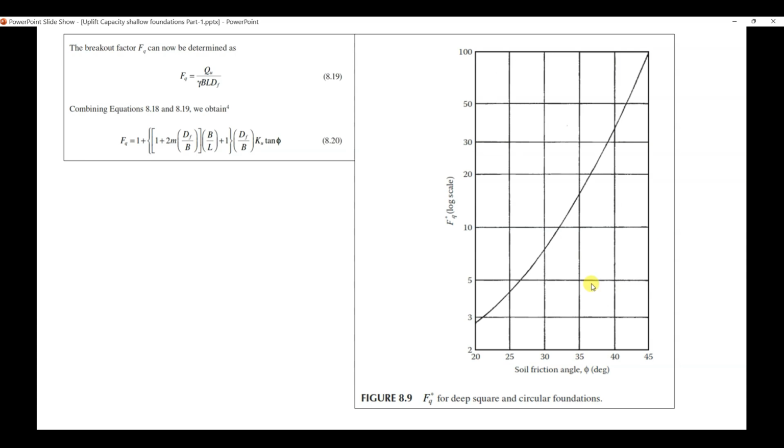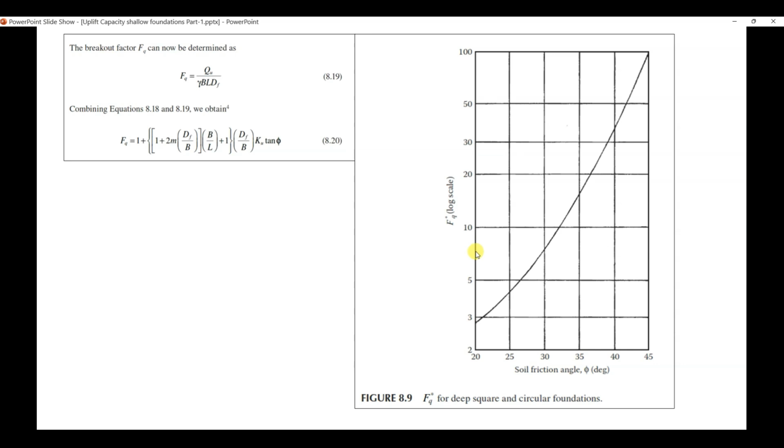Again, in this page, the maximum Fq, which is permissible to use for a particular design, is given here. Say, for example, if soil friction angle is 30 degree, the maximum Fq, which can be practically used for your foundation uplift design, is probably where this 30 degree intercepts at this location, and it goes here.